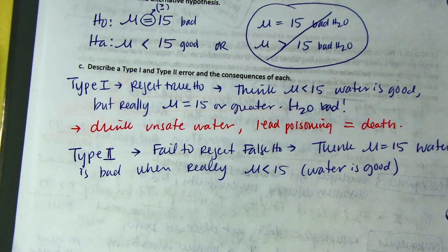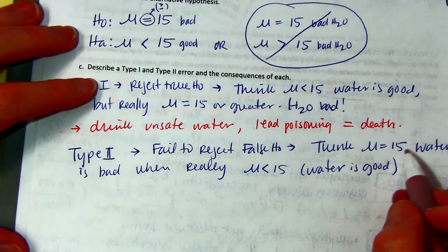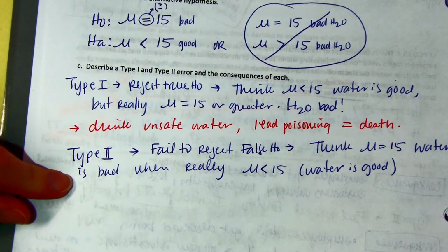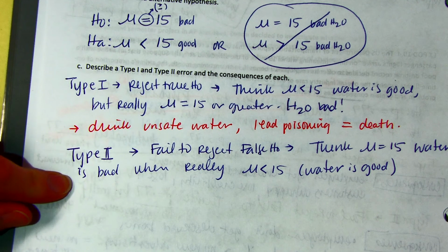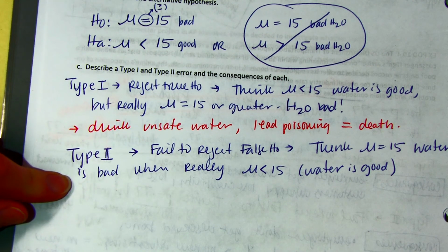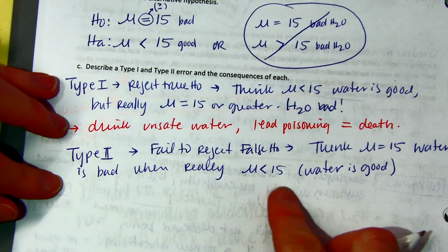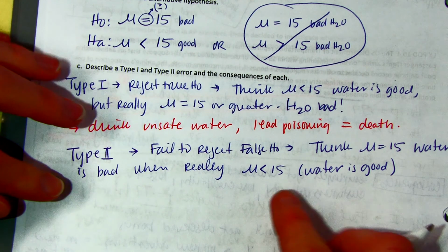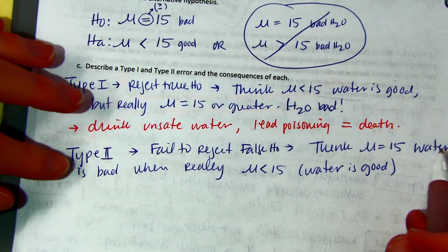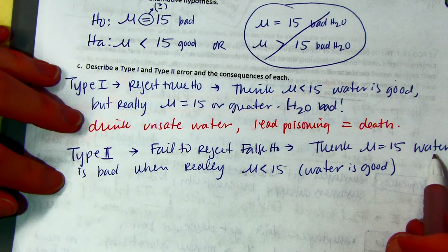So what's going to happen is if we think the water is bad, there's going to be more money spent on more tests, more analyzing. People will buy bottled water. I guess you could take it further, like people are going to buy more bottled water, and then it's going to be more plastic pollution. Like, don't go crazy. Just talk about this context. So people are going to spend more money, and it's going to be expensive. They're going to spend a lot of money to clean up the water, to test the water, to find alternative water sources when it's unnecessary.